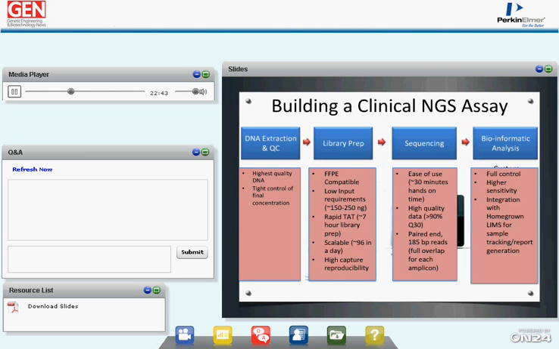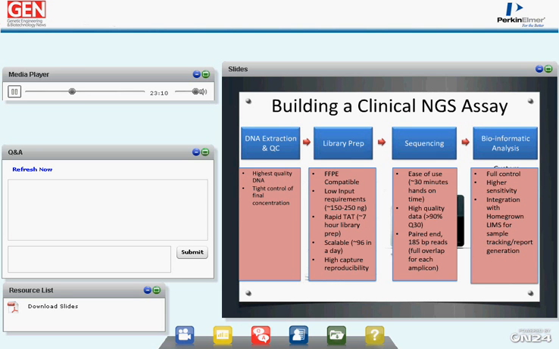In terms of library prep, we chose to go the amplicon-based approach because it worked well with FFPE DNA, the DNA that was fixed in formalin. It allowed us to have low input amounts, so we can go down to about 150 to 250 nanograms based upon the manufacturer's spec. And I'll show you in a little bit how we're able to push that even lower once we entered our optimization phase. In terms of turnaround time, these assays could be performed within a single day.